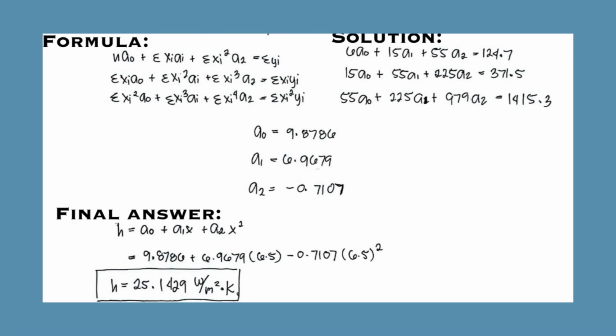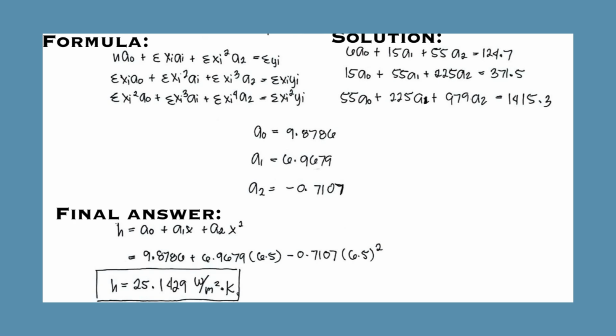After that, you can put in the numbers: 6 a sub 0 plus 15 a sub 1 plus 55 a sub 2 is equal to 124.7, and so on.